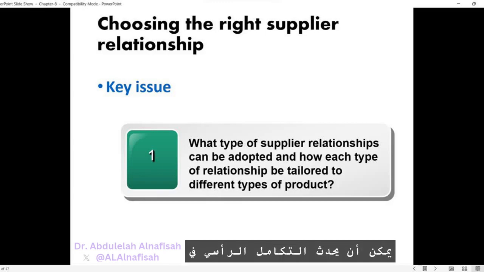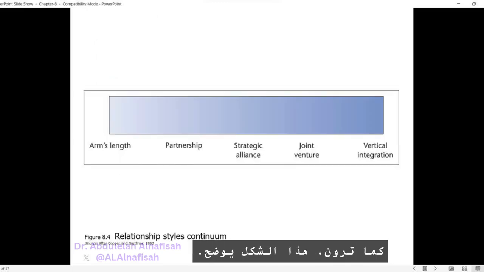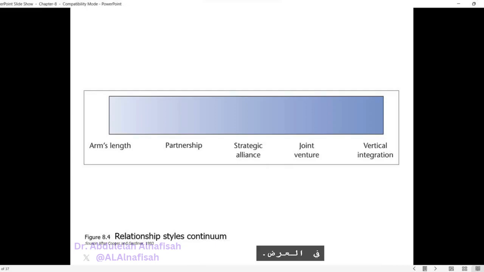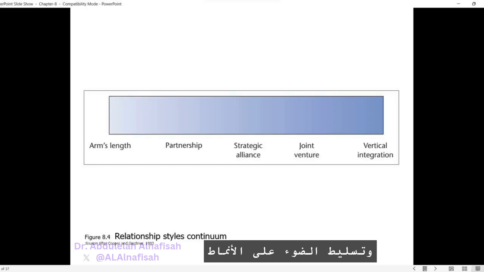Vertical integration can occur upstream, downstream, or in both directions, and can extend across one or multiple tiers of the supply chain. As you see, this figure illustrates the continuum of relationship options in the supply chain, highlighting different styles and motivating factors that drive their development.